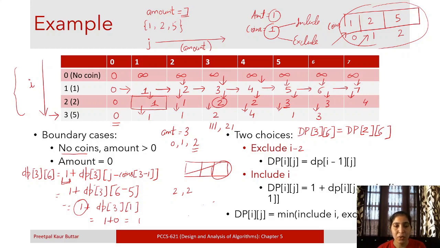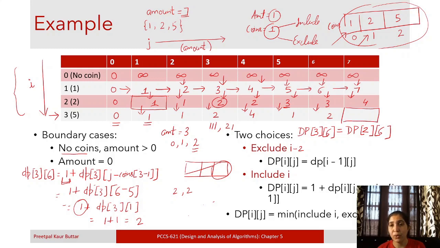For making an amount equal to 1, you will need 1 coin. And the total coins you need are 2. So 3 comma 2, and out of these minimum is 2. So to make an amount equal to 6, you need 2 coins, a 5 rupee coin and a 1 rupee coin, right?